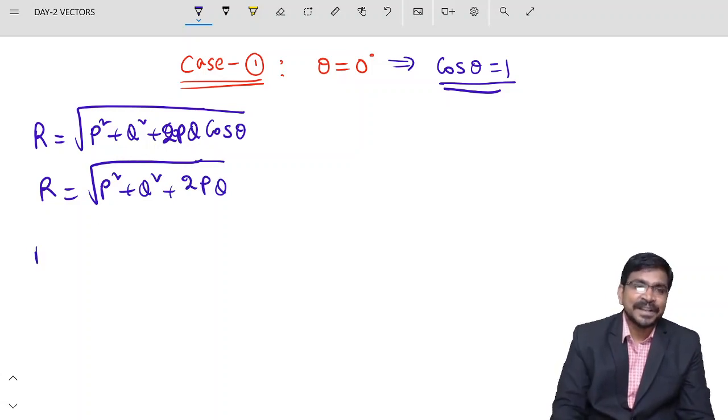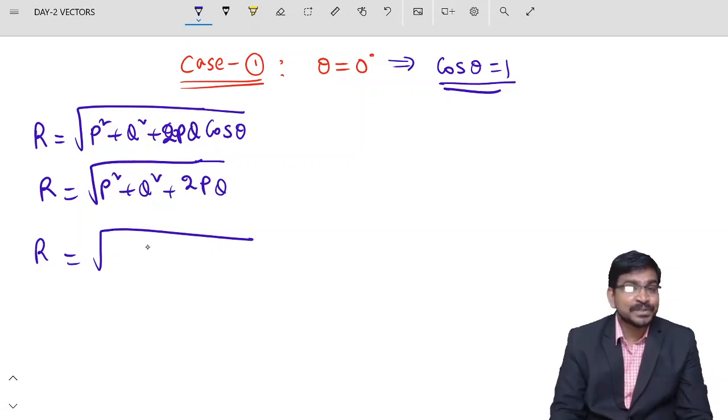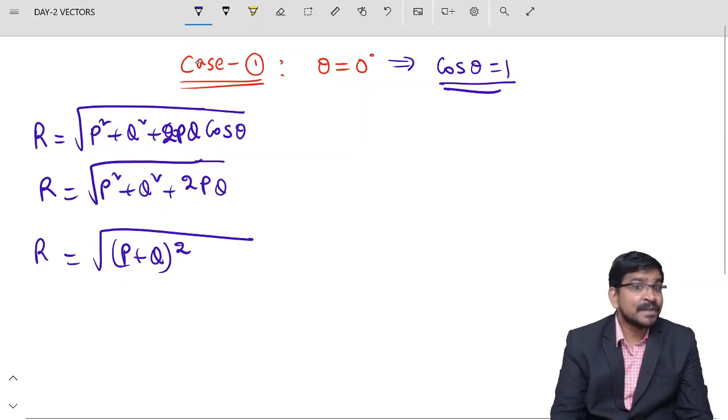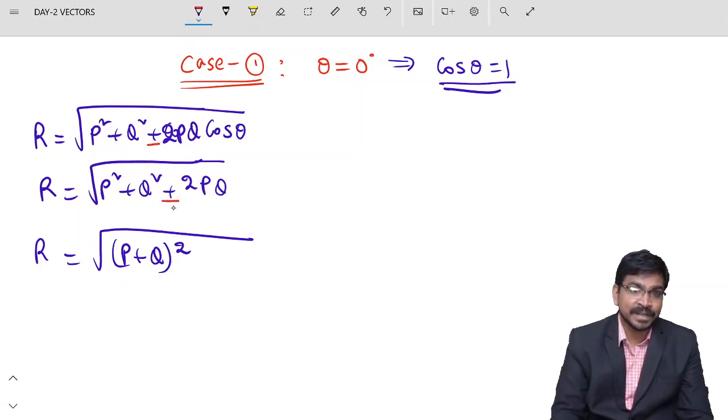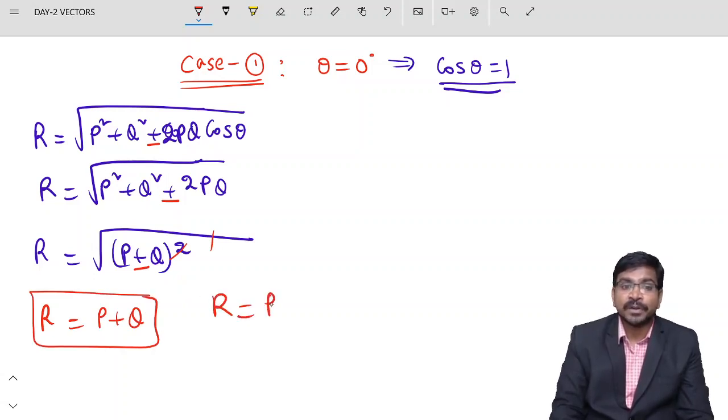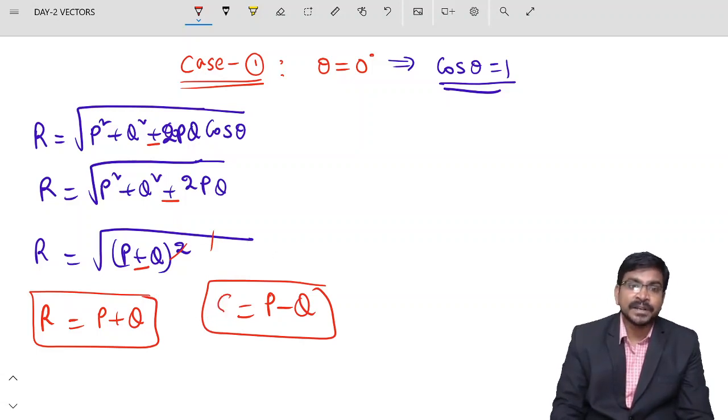It looks like the a plus b whole square formula: a square plus b square plus 2ab equal to a plus b whole square. So P square plus Q square plus 2PQ can be written as P plus Q whole square. And I can write it in the case of subtraction also, plus or minus. So R equal to P plus Q for addition, and for subtraction R equal to P minus Q.